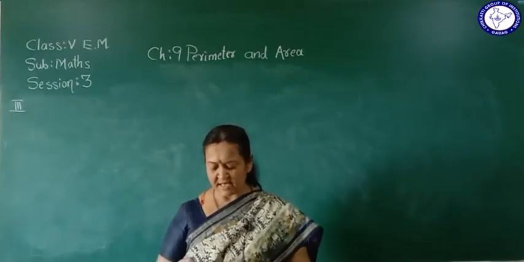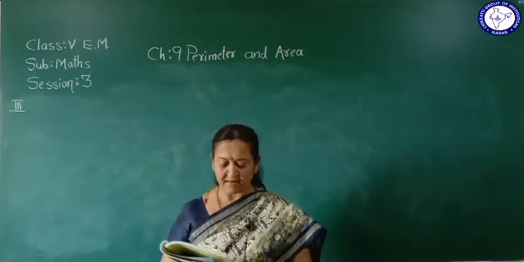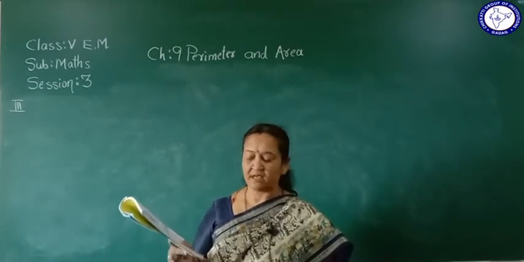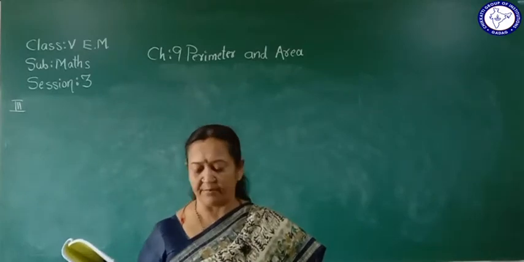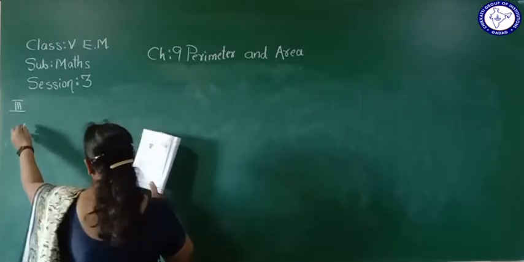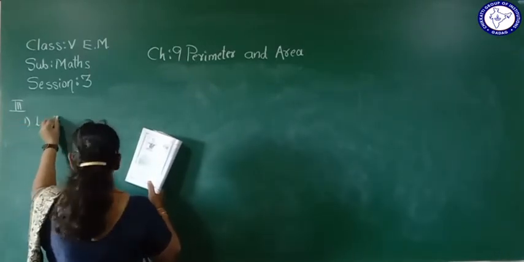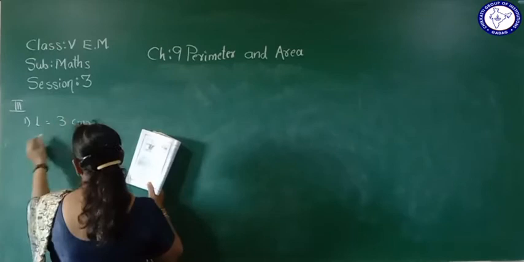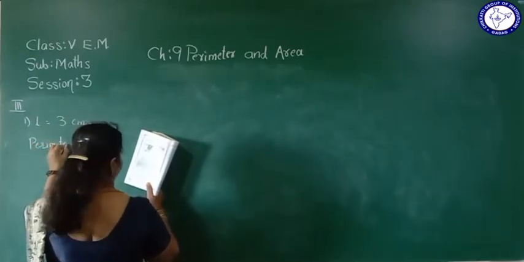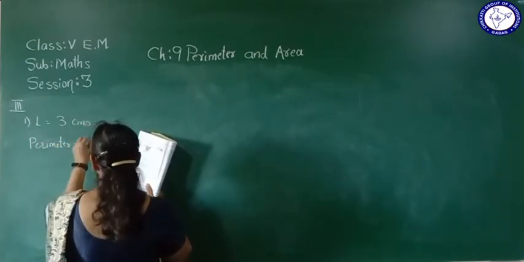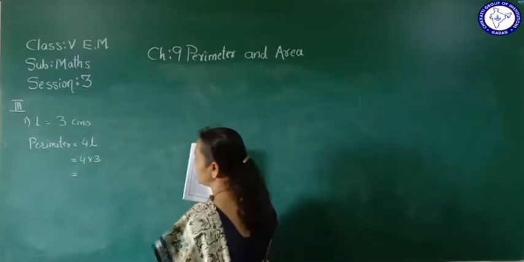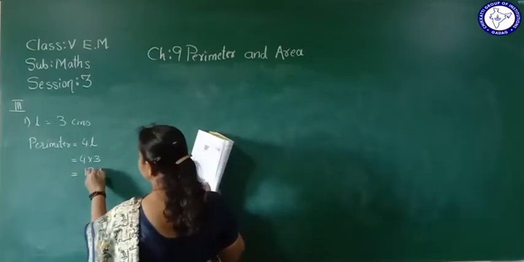Lengths of the squares are given in the following table. Find their perimeters. So here I will solve every alternate question. Here the length of a side is given. Then we have to find the perimeter of a square. So in that, the first one, here the length is given as 3 centimeters. Therefore the perimeter of a square is 4L, which is equal to 4 into 3, it is 12 centimeters.